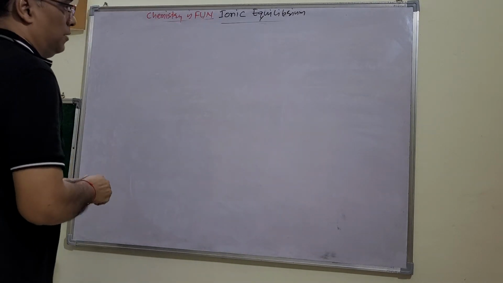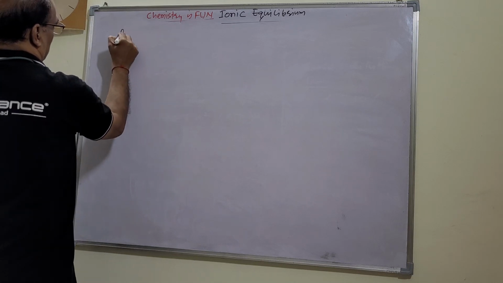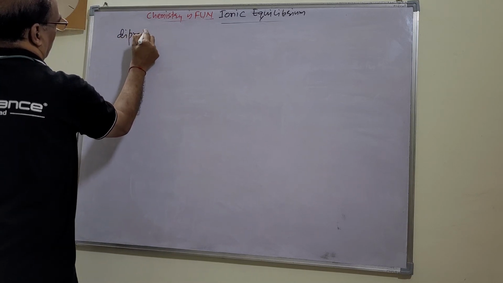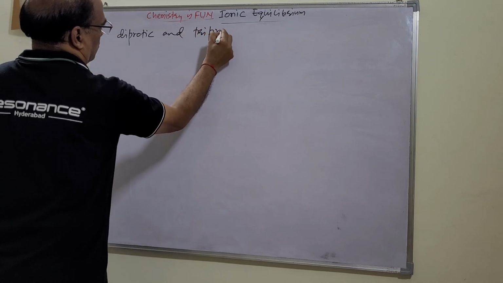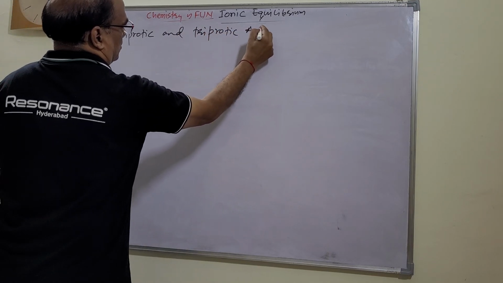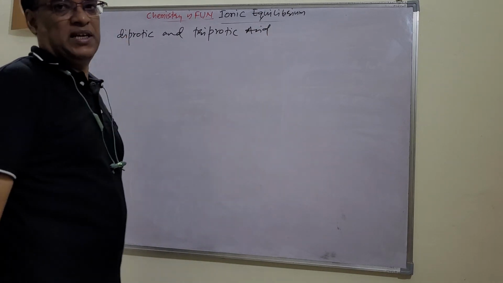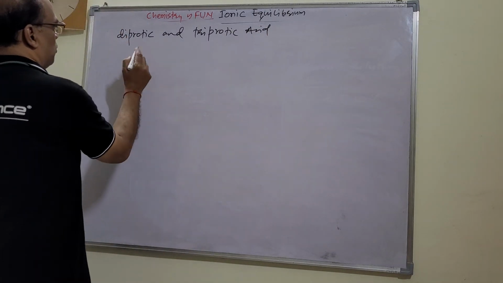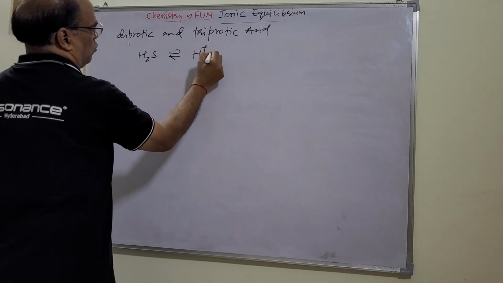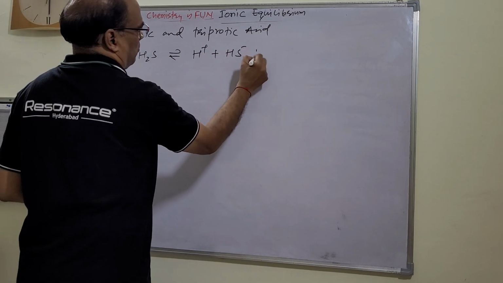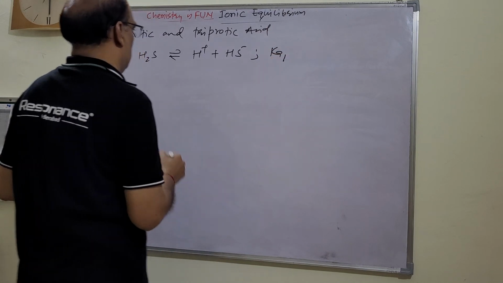Now come to the diprotic and triprotic acids. I'll teach you only acids, then you can extend it to bases. Diprotic, suppose we take the example of H2S. It will be ionized in two steps. The first step we call Ka1, the first ionization constant.